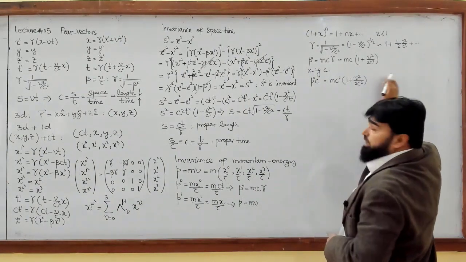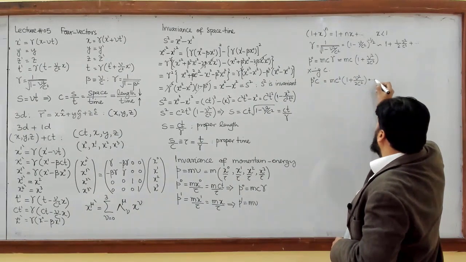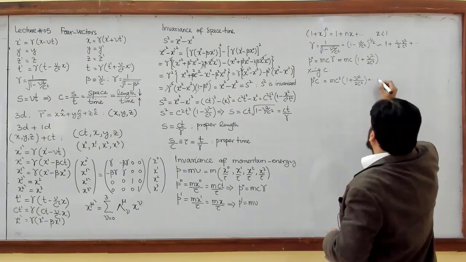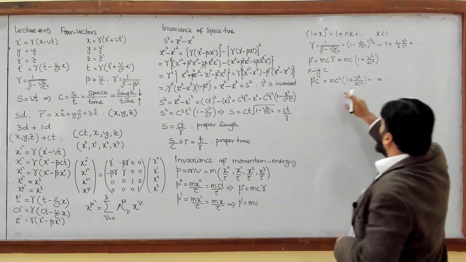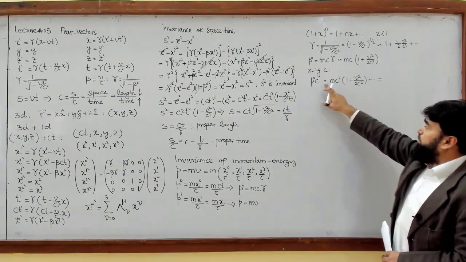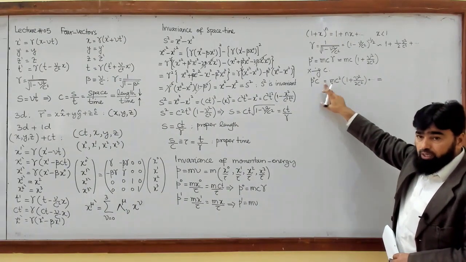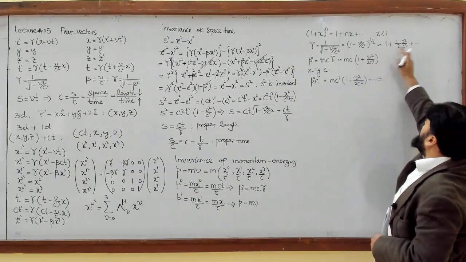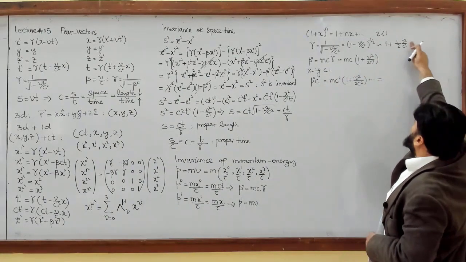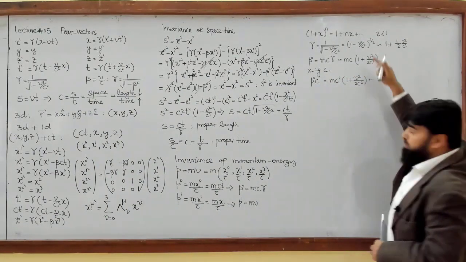And there will definitely be other terms. I am ignoring them. And then this is equal. When I write plus this, then the approximate symbol is not required. But when I don't write this one, then I will have to write the approximate symbol.